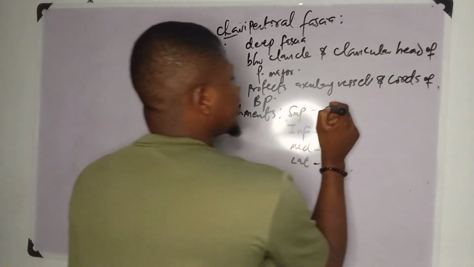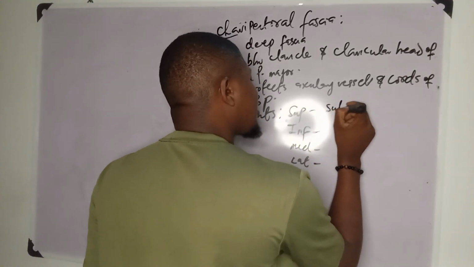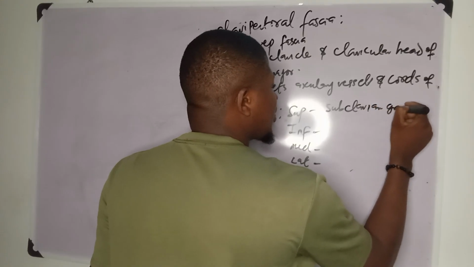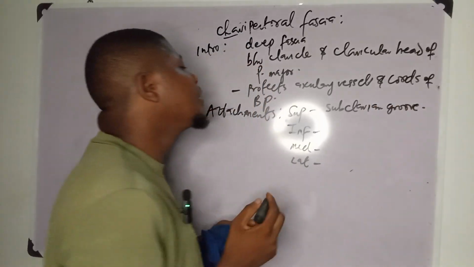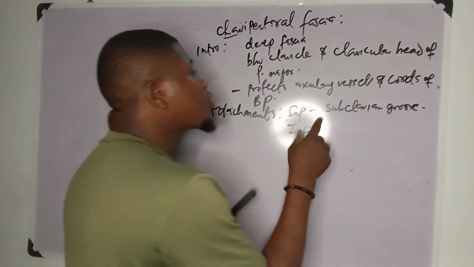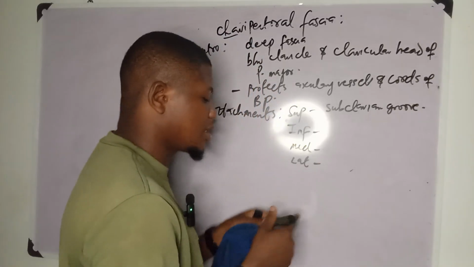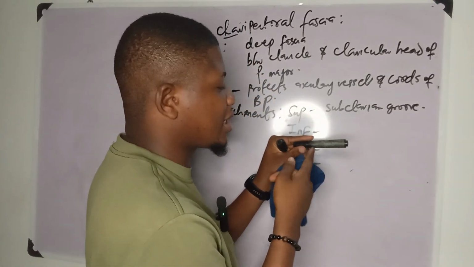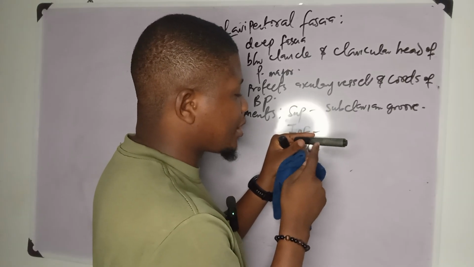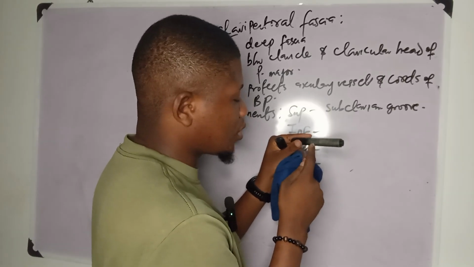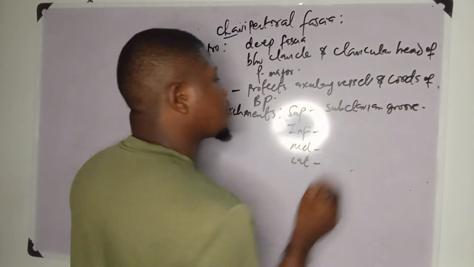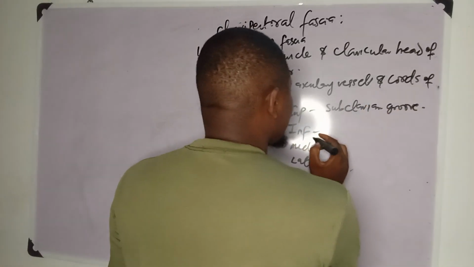It attaches above at the subclavian groove. This subclavian groove is located on the inferior aspect of the clavicle, the middle one third, not the half, of the inferior aspect of the clavicle. So that's why you see the subclavian groove.